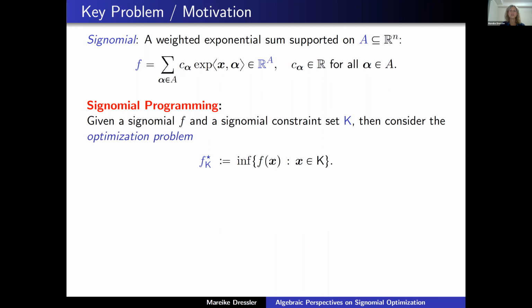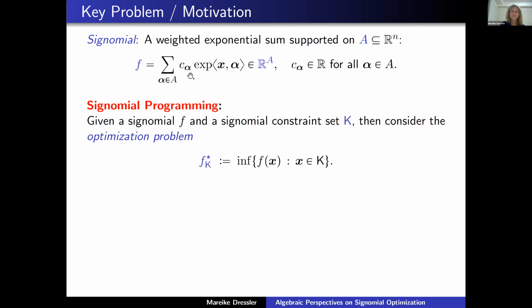What I'm going to consider today is signomial programming, and first of all, what is a signomial? Signomials are functions of this form. They are weighted linear combinations of exponentials of linear functions.